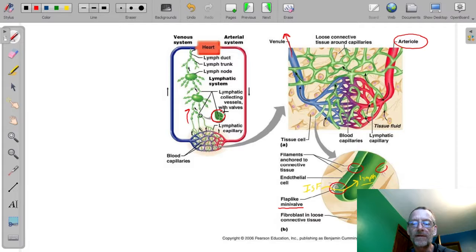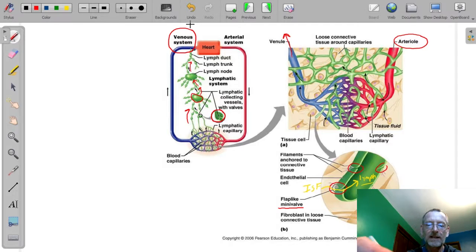So it assures that lymph flows in one direction only. Multiple lymphatic vessels flow into a lymph node. So you have multiple afferent vessels entering, typically one efferent exiting, and it just continues on through this system, one node through another, and ultimately it returns to the venous blood from which the fluid originally came.